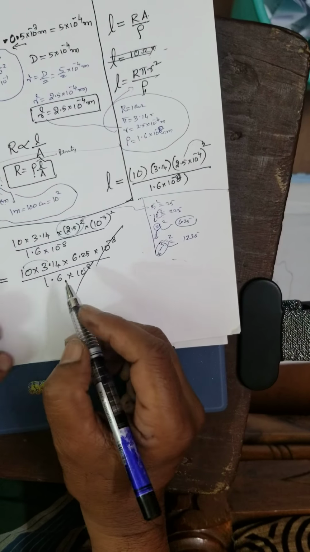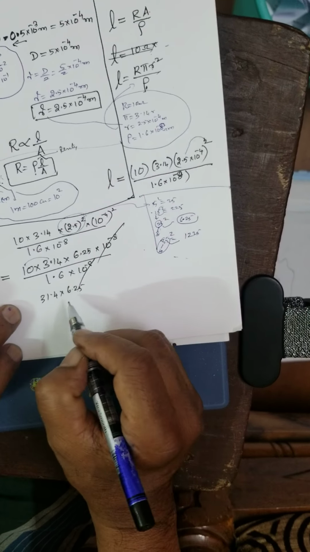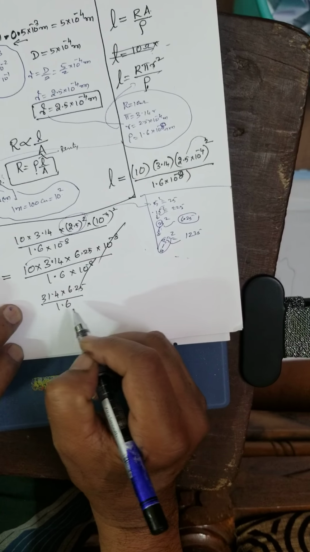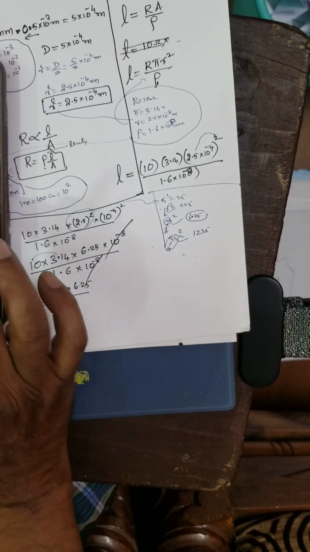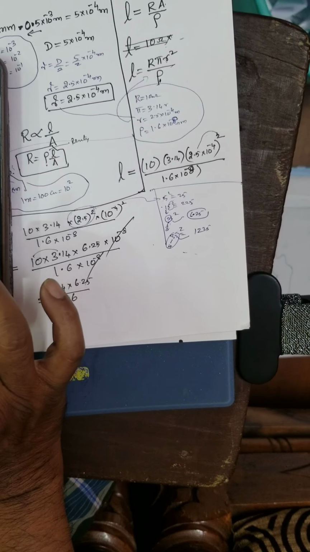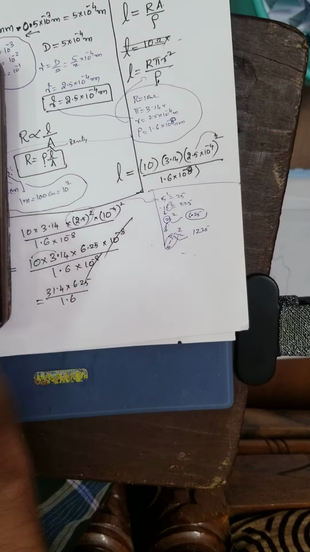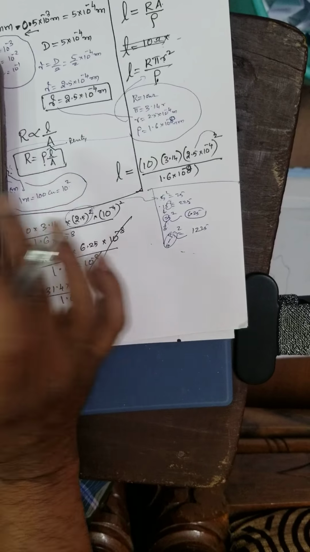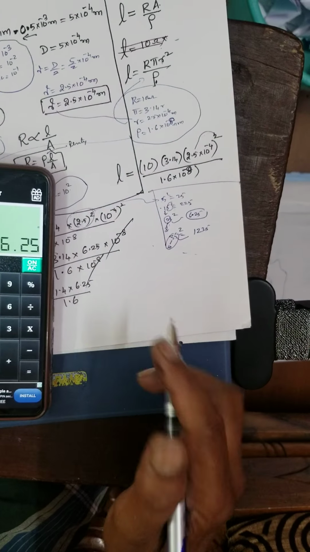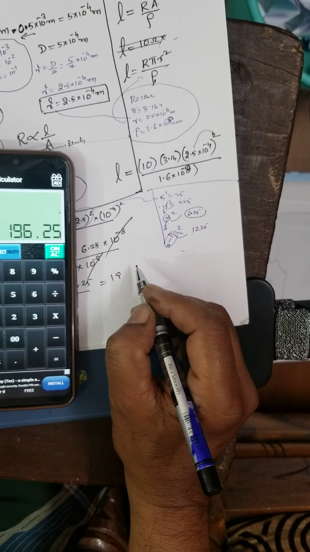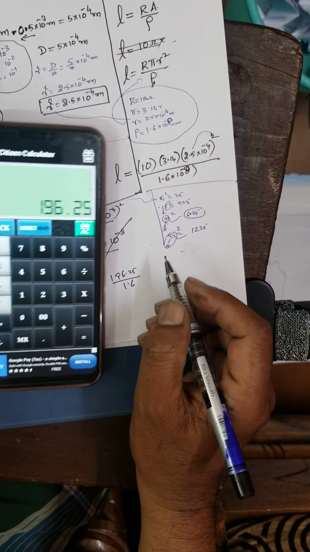This is 10 into 3.14, how much? 31.4 into 6.25 divided by 1.6. 31.4 into 6.25, I got 196.25, divided by 1.6.